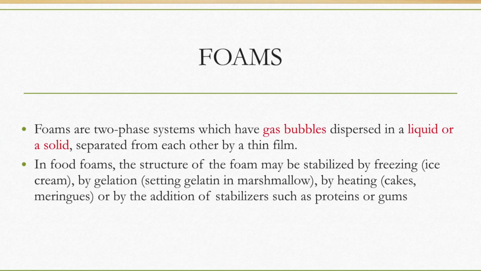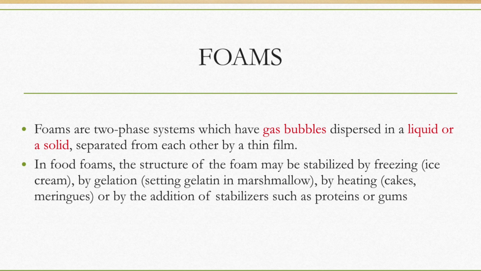Now, I already said we've got another main topic, the foams. The foam system is a two-phase system where we have gas dispersed either in a liquid or in a solid. Like we usually stabilize the foam in the food industry, it can be done by freezing.